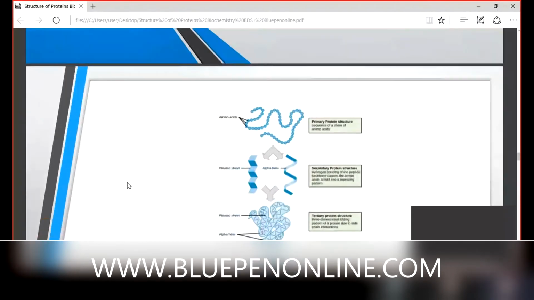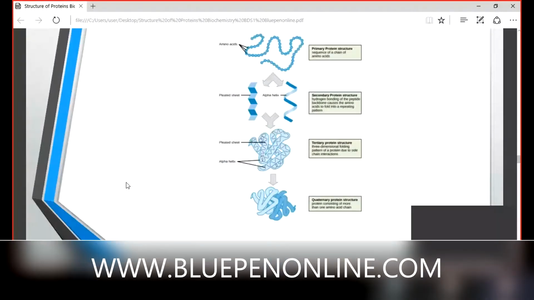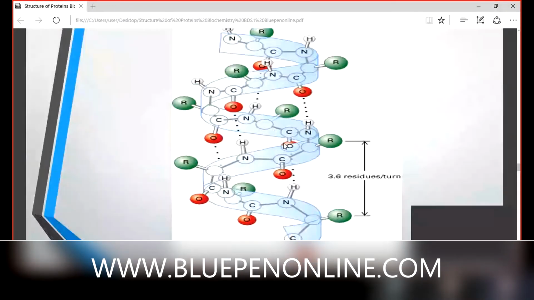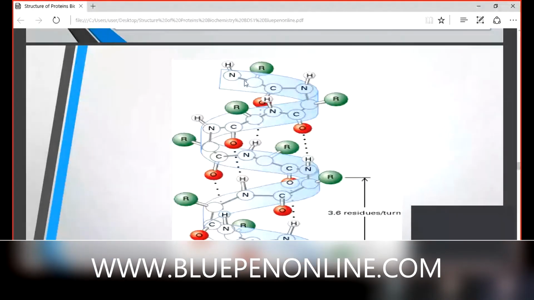Secondary structure, you can see from the structure. This is the linear structure, this is the beta pleated sheet, and this one is alpha helix. But now the amino acids are more closer.